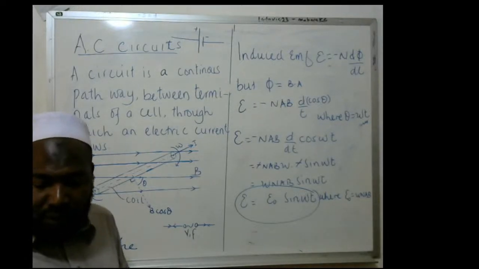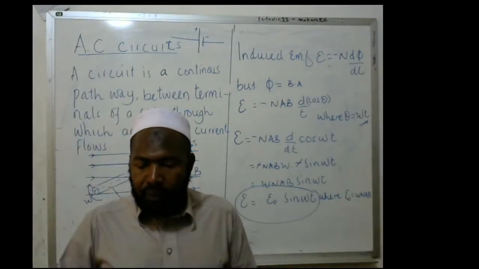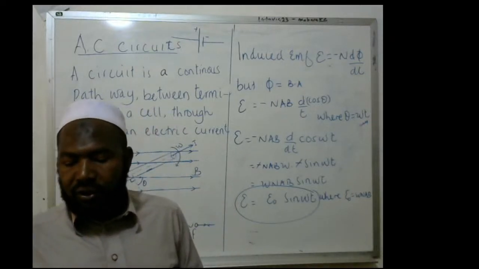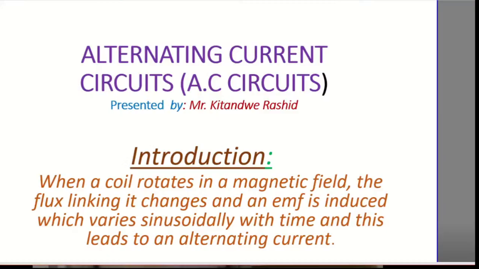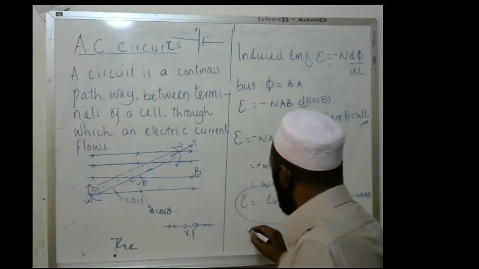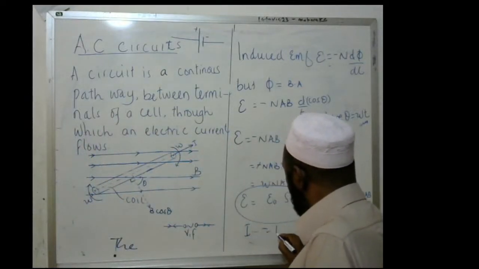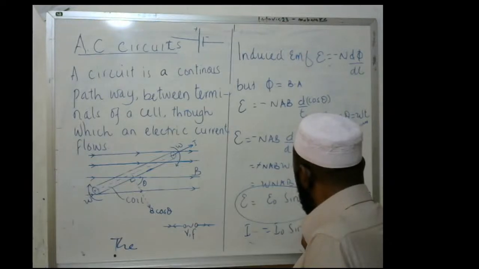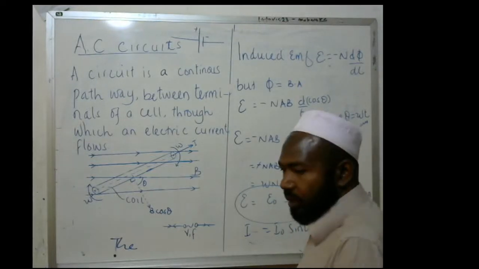Now you note from our introduction we say when a coil is rotated in a magnetic field, the flux linking it changes and an EMF is induced, which varies sinusoidally with time, and this leads to an alternating current. So the current arising out of this is what we are going to call the alternating current, given by I equal to I naught sine wt.